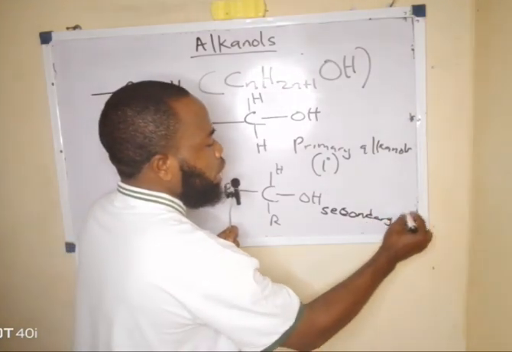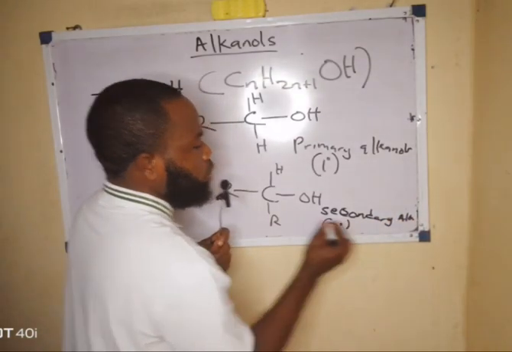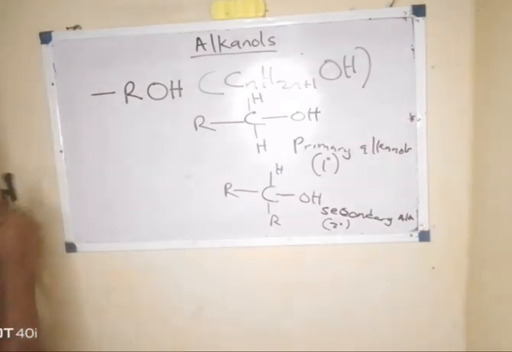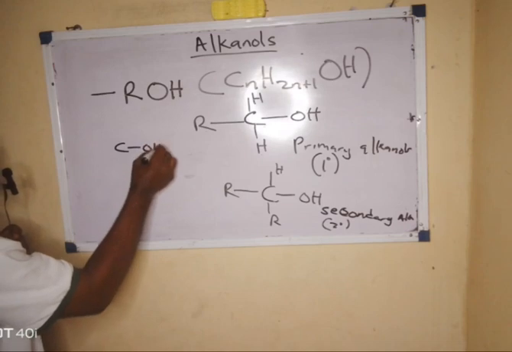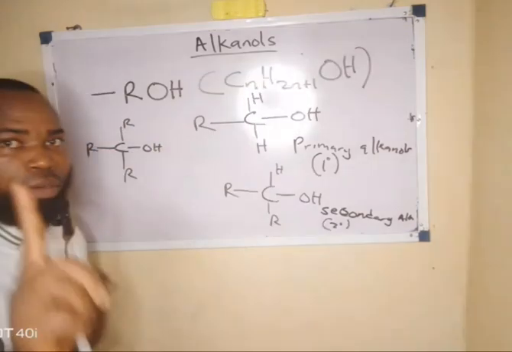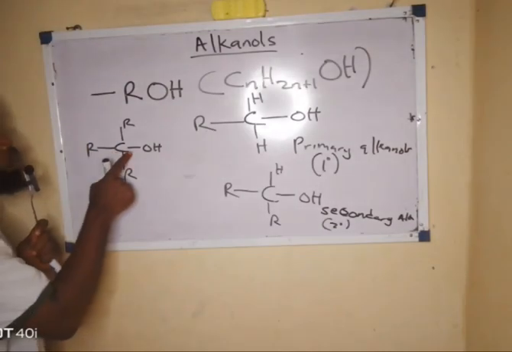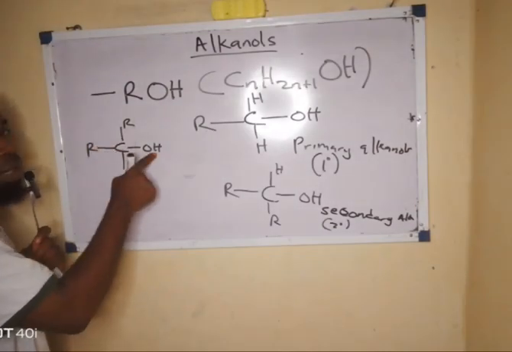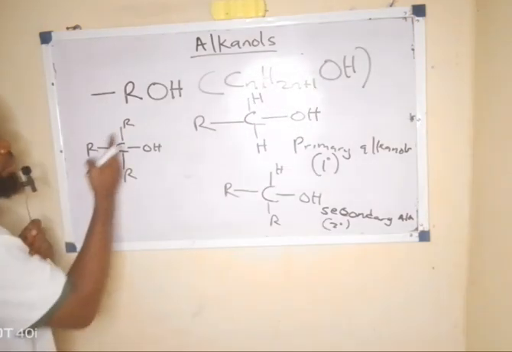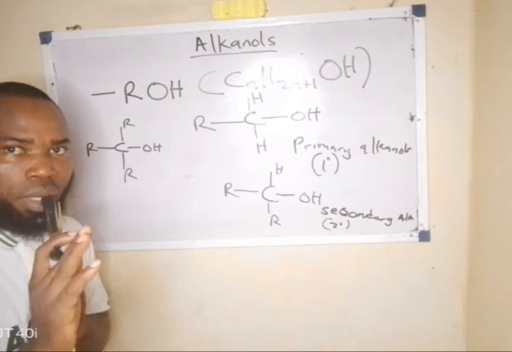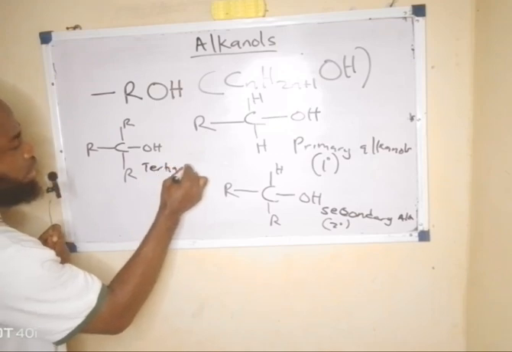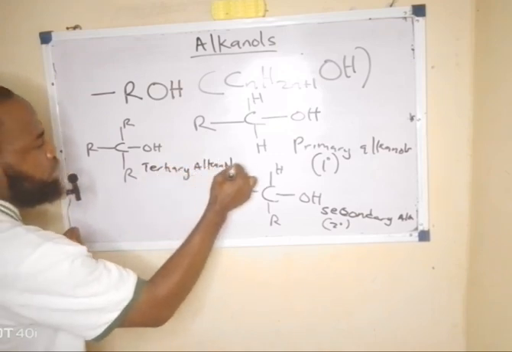Now we also have a third type of monohydric alkanols, which is R, R, R attached to C with OH. You can identify very fast that this particular alkanol does not have a free hydrogen attached to the carbon that carries the OH, so it has three alkyls. But remember, the alkyls might be different or the same, it doesn't really matter. This type of alkanol is regarded as a tertiary alkanol.